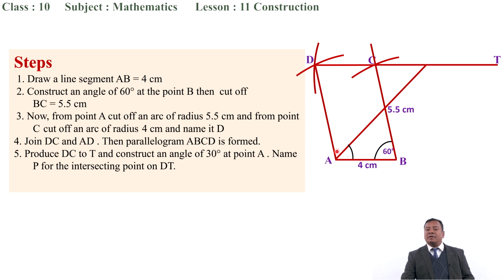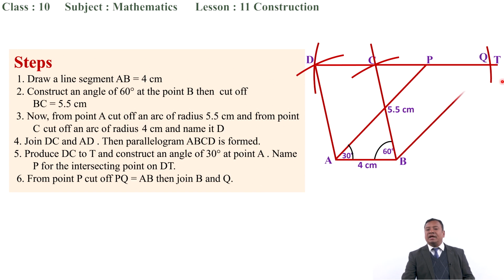And then at point A we made a 30 degree angle, right? And from the point P we cut 4 centimeter, right? And when we join B and this Q, another parallelogram is formed, right? Okay, once you try yourself, right?